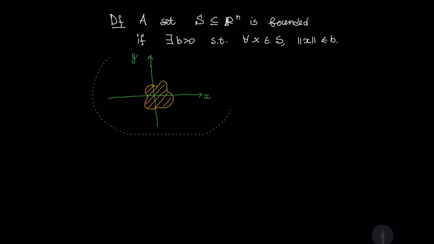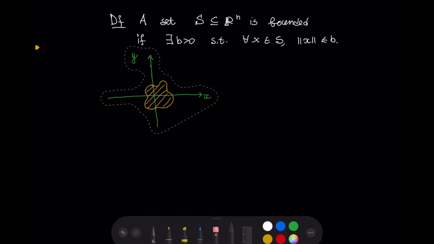Here we see the plane R2, and in the yellow color you see the set S. Let's just assume for a moment that the set S is here in this yellow color. I claim that the set S is bounded, and I'm going to try to convince you why.